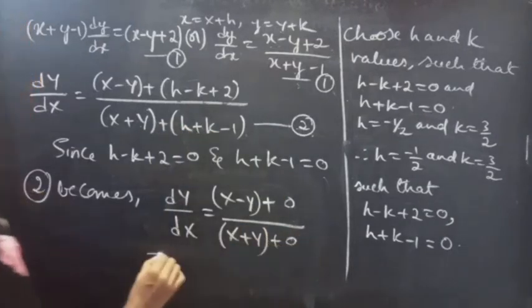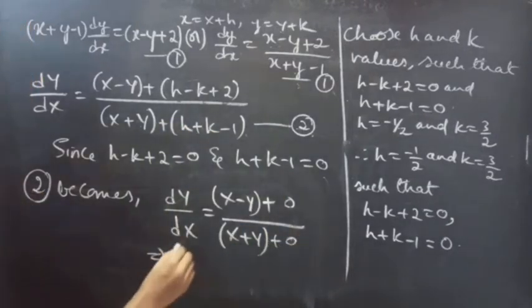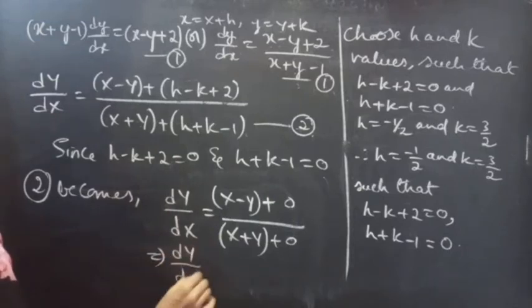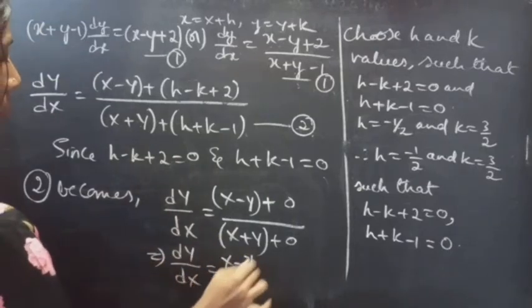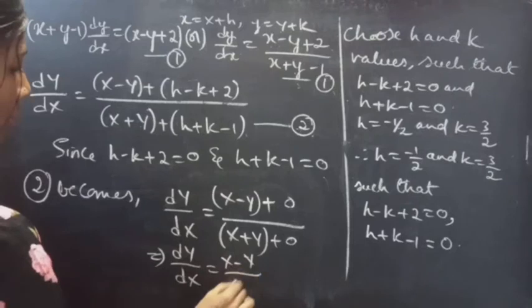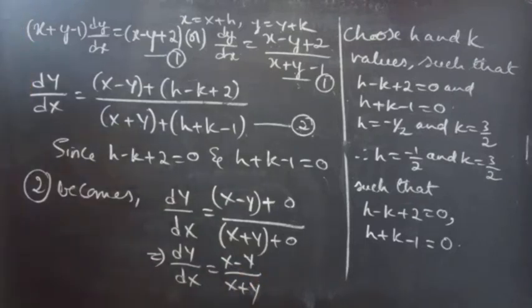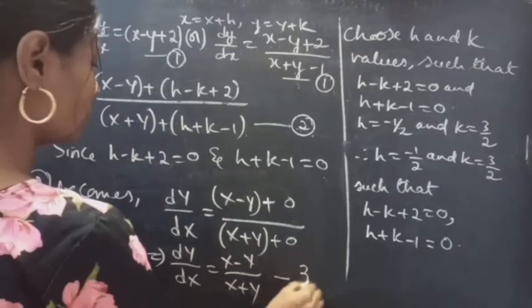Right? Then dy by dx equals x minus y by x plus y. Consider this as equation 3.